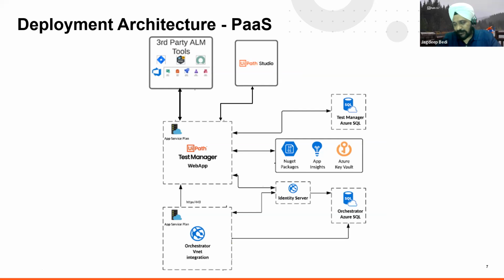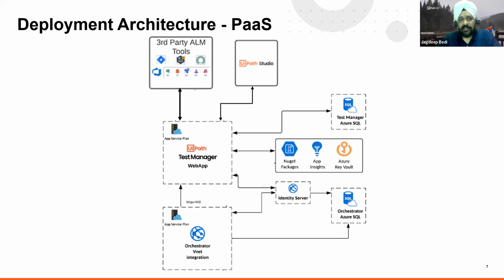In the test suite, we have one component, test manager, with which you can automate the testing part of RPA. You can create your own test cases through Studio. You can publish them into the test manager and orchestrator, where you can schedule them like you schedule jobs or processes. You can schedule it, you can trigger it.